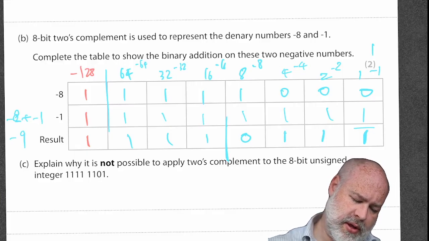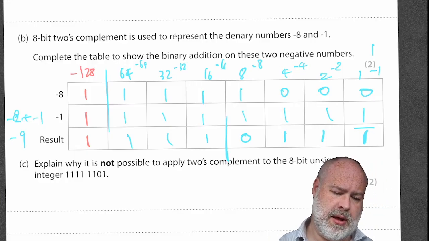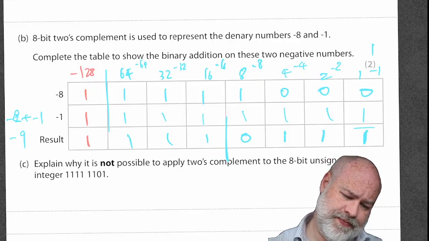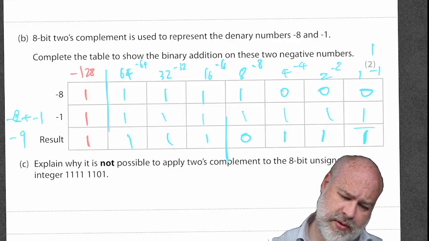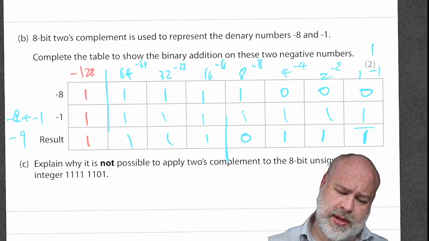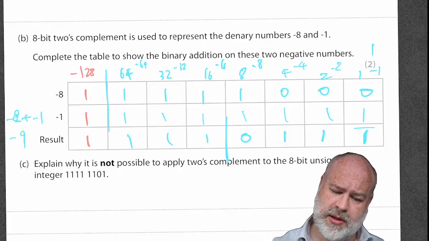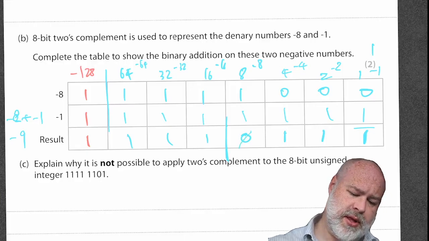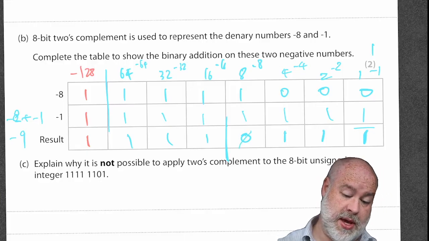Because I've got -16 plus 4 is -12, plus the 2 is -10, plus the 1 is -9. There you go. So I need to make sure there's 0 there, and then that gives me the -9.